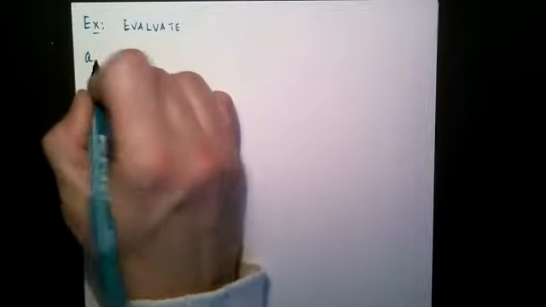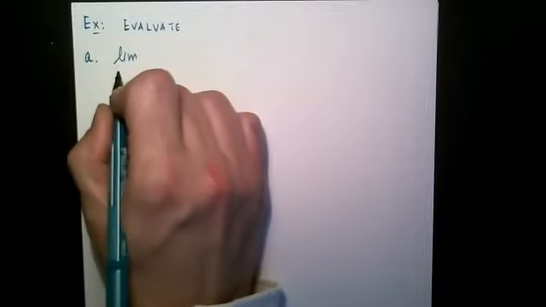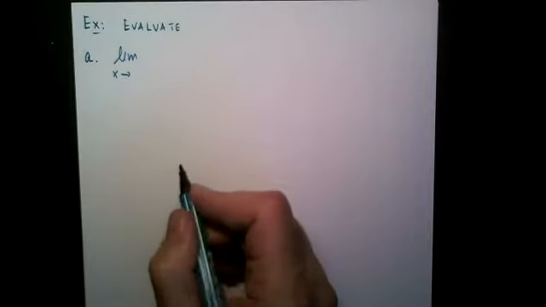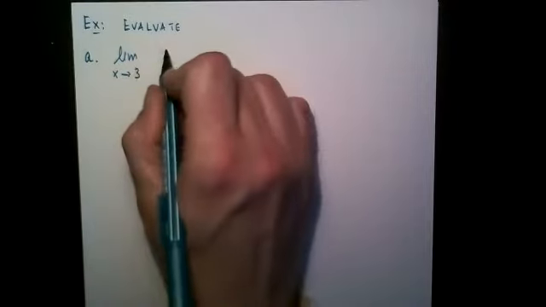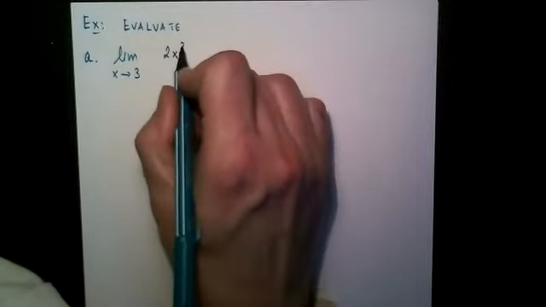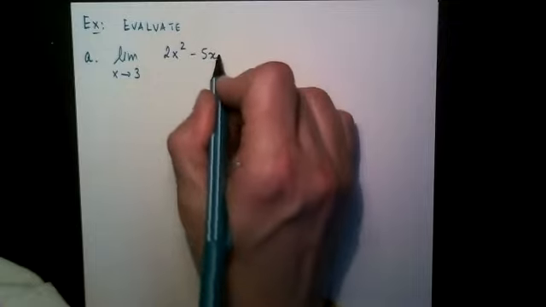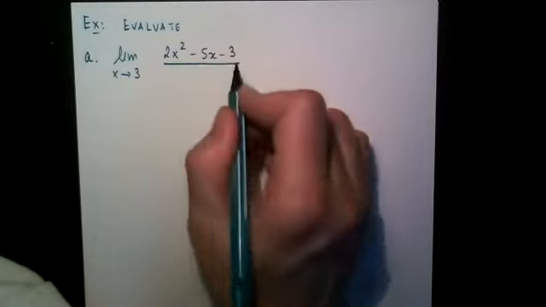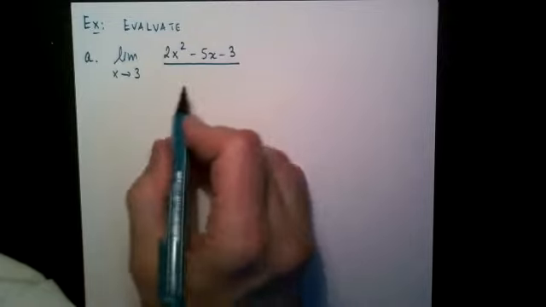The limit as x approaches 3 of x squared minus 5x minus 3 over x squared minus 8x plus 15.